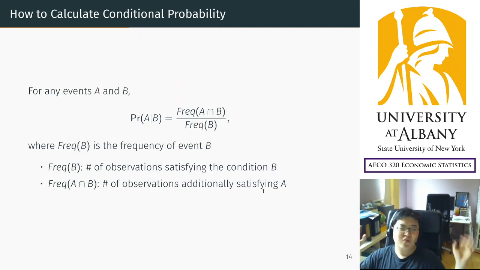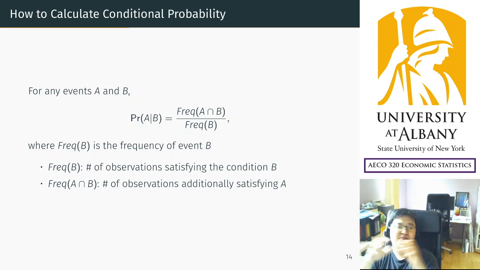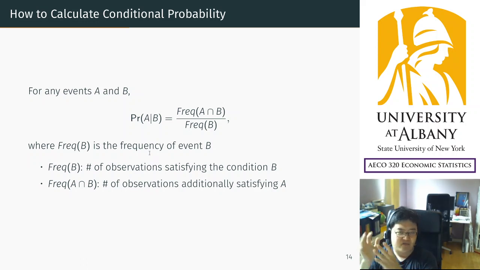And now let's formulate what we have learned in one formula. For any events A and B, the probability of A given B equals the frequency of A cap B divided by the frequency of B. FREQ means frequency, the number of observations for each event.